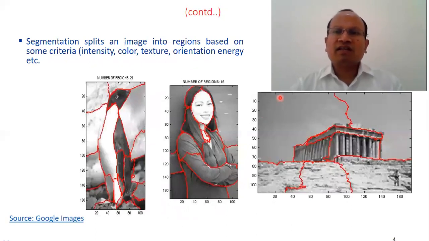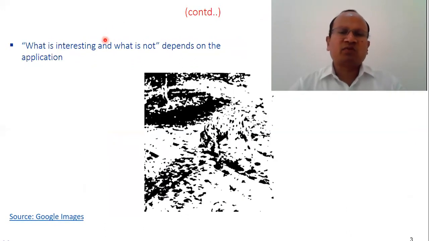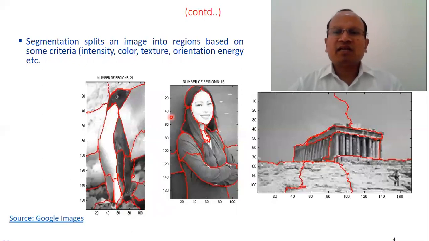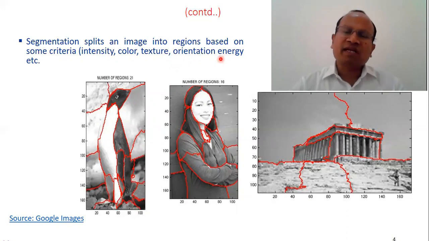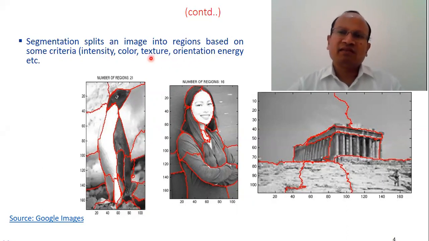You see here another example. If the previous one was a complex image, here there are 3 examples. Segmentation can split an image into different regions based on, as I told you, some criteria. The criteria may include intensity, which we also call grayscale value, color, texture, orientation or energy, the amount of information, entropy, mean grayscale value, average value, standard deviation.